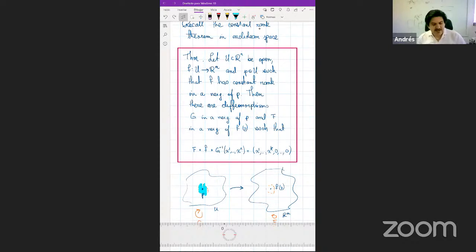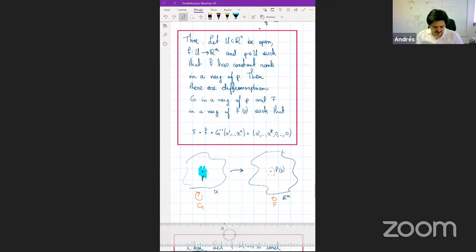Then, if that holds, you can find the diffeomorphisms. Maybe this G is smaller than this neighborhood when it is constant rank, okay?